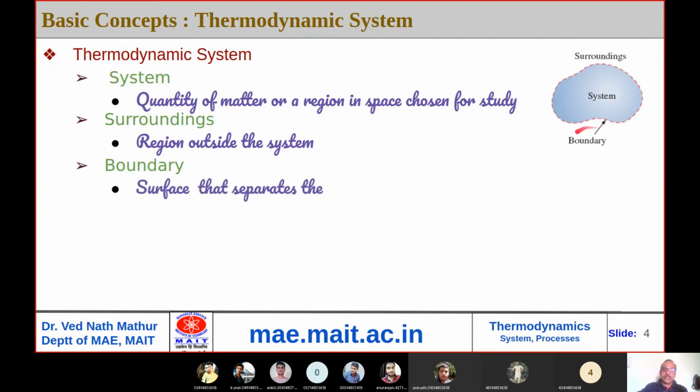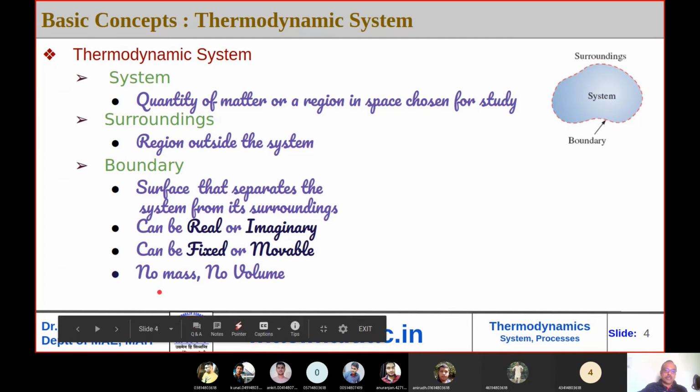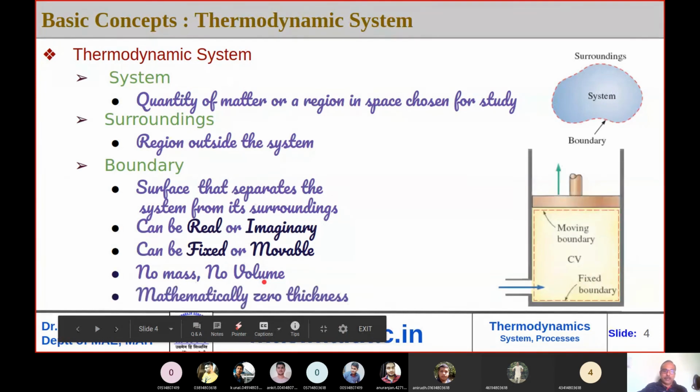This is the surface which separates the system and surroundings, and it can be real or imaginary. It can be fixed or movable, but for the purpose of calculation, we assume that the system boundary has no mass and doesn't occupy any volume. So mathematically, it has zero thickness.